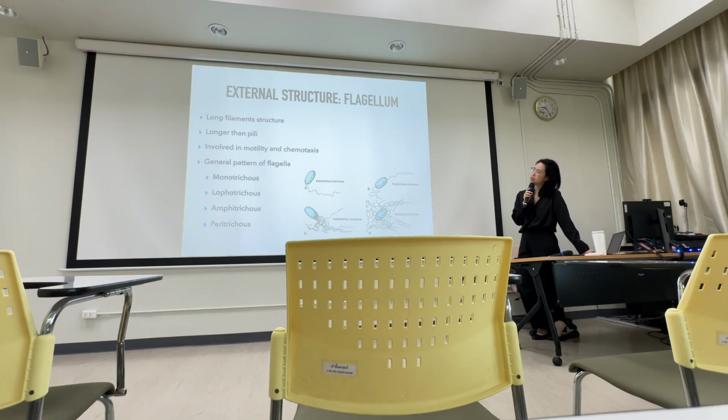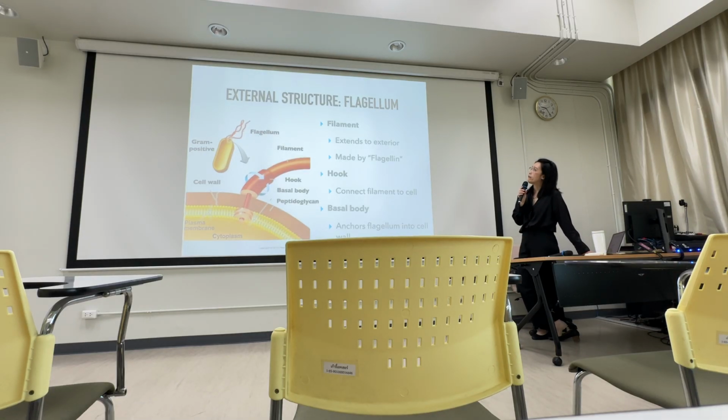And here is the way we group the bacteria according to the number of flagella. Each one has its own name, but there's no need to remember them. The flagellum has three major parts: the filament part, the hook part, and the basal body.